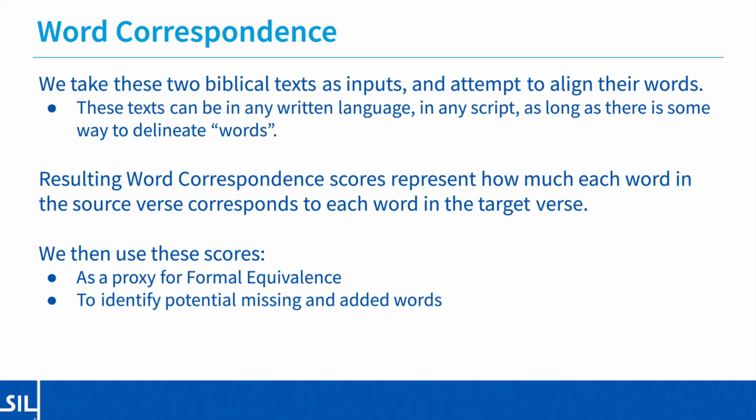Resulting word correspondence scores represent how much each word in each source verse corresponds to each word in each target verse. We use these scores as a proxy for formal equivalence by averaging out scores over verses, chapters, and books, and also as a way to identify potential missing and added words by comparing these scores across translations.